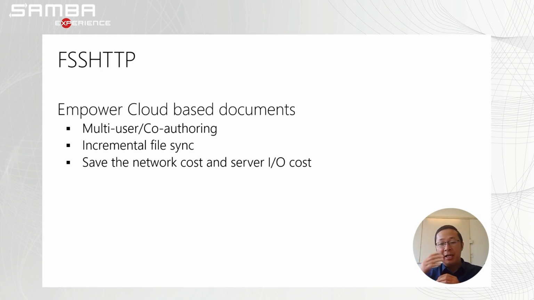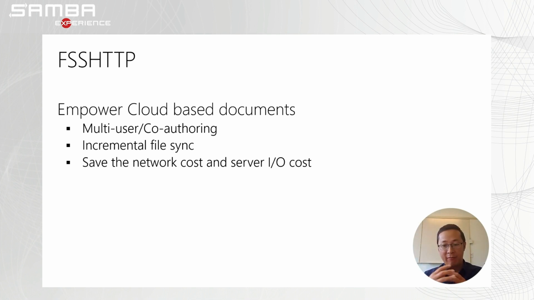And in addition to that, FSSHTTP also provides the incremental file sync capability. Take an example of the incremental file sync. If you have a file which is over 700 megabits of data, without FSSHTTP, without the incremental file sync, whenever you edit that file and submit, even if it's a small character change, the file content as a whole needs to be put back into the server.